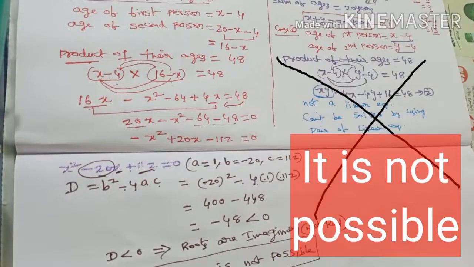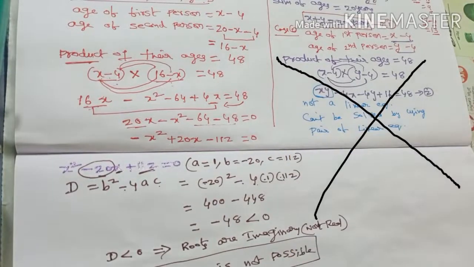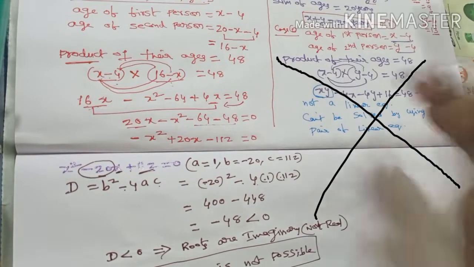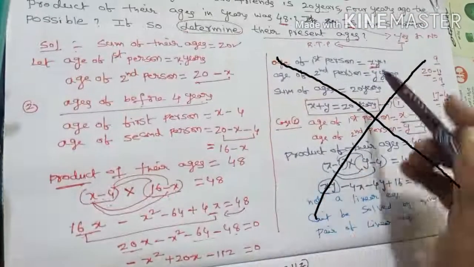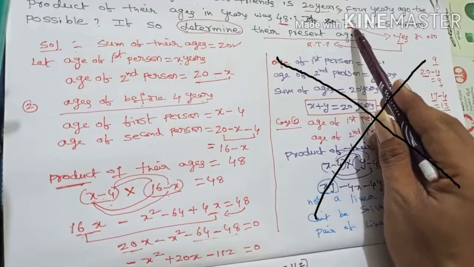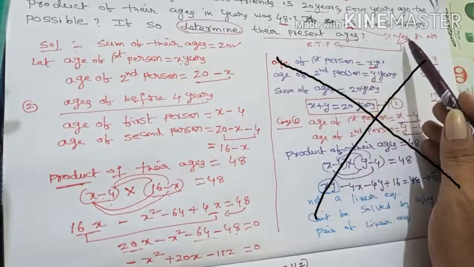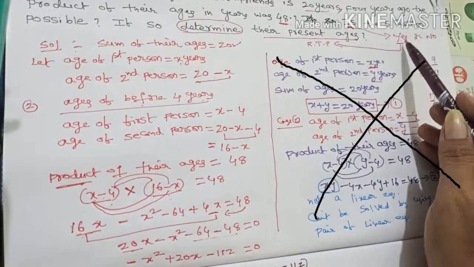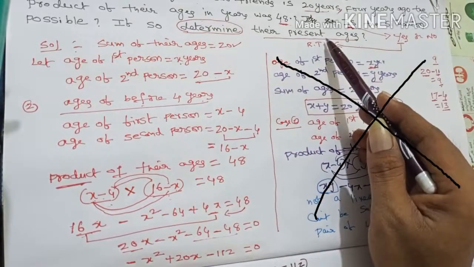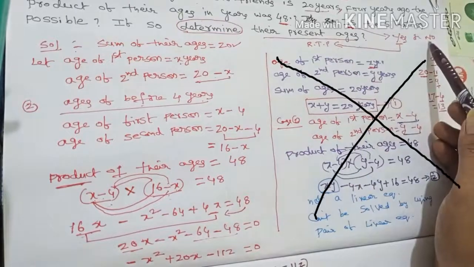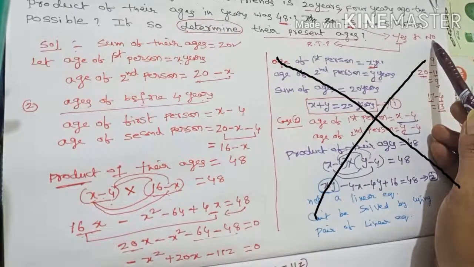Okay. I have already explained in the beginning of the solution, whenever you find this type of question, that means the question which starts with "is", the answer will be yes or no. If yes, you have to find the ages. If no, there is no need to find. It is not possible.